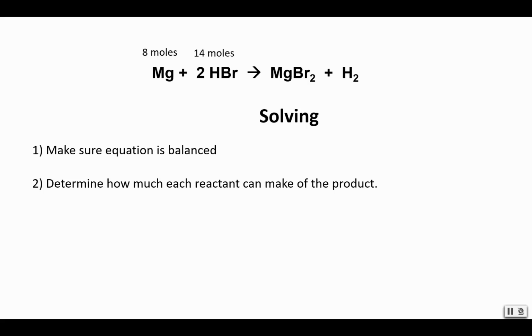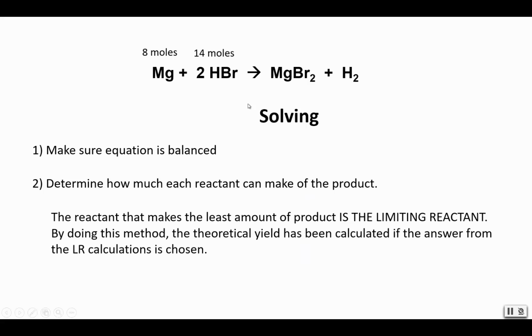But I noticed that in this series of questions on the previous slide, it was asking about magnesium bromide. So I'm going to make my math count. I'm going to determine how much each of those reactants can make of magnesium bromide. I'm going to say how much can 8 moles of magnesium make of magnesium bromide.